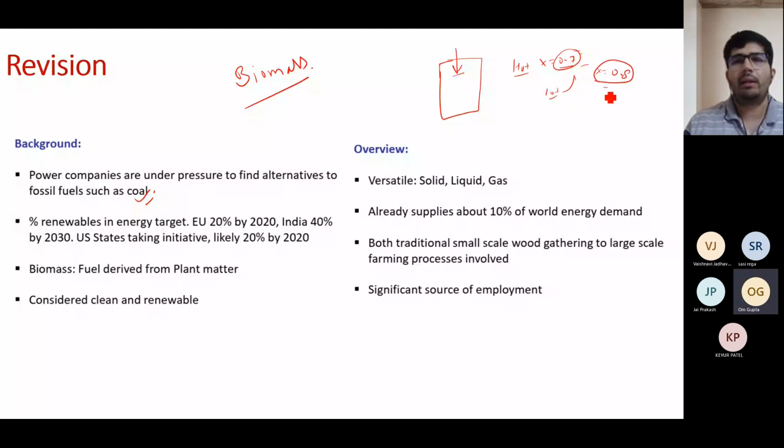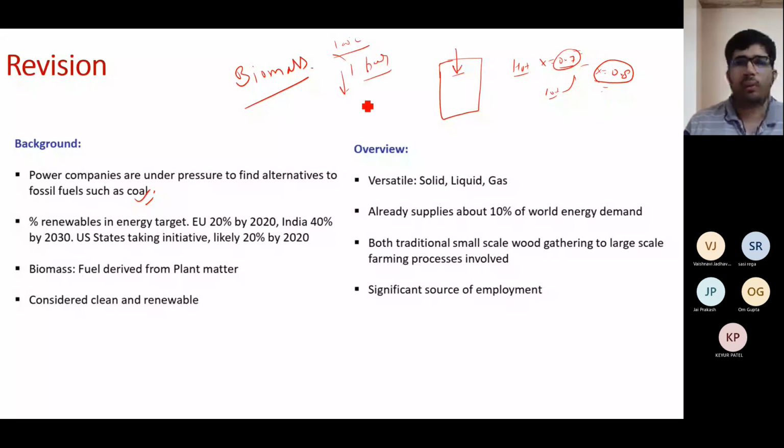So more water will be converted to steam, because suppose earlier the pressure was 1 bar, and 1 bar, 100 degrees is the boiling point. So water will convert into steam at 100 degrees centigrade.